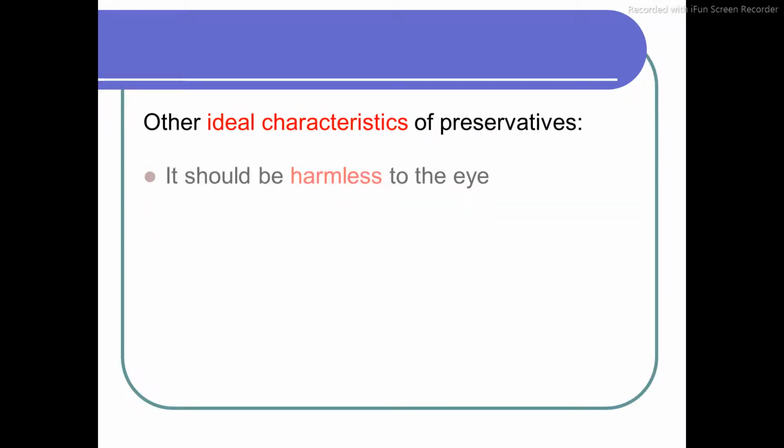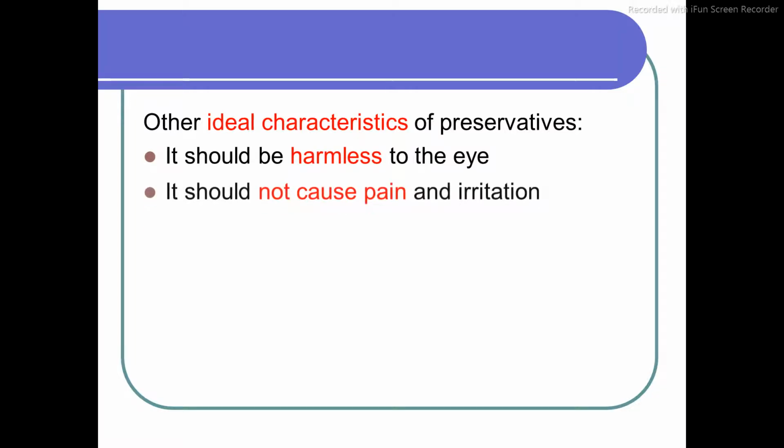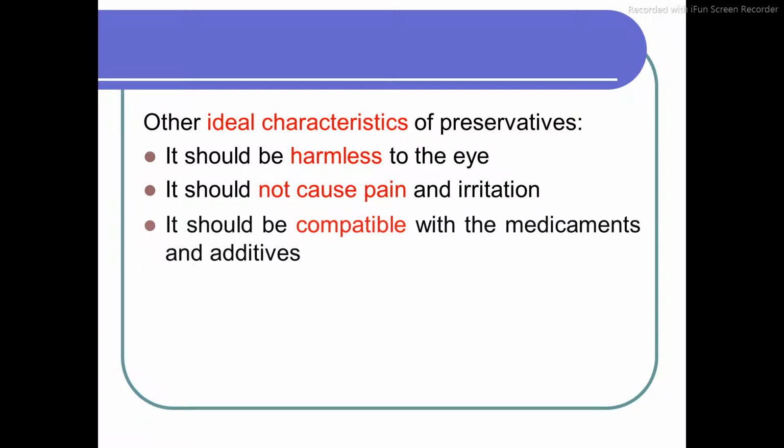What are the ideal characteristics of a preservative? It must be harmless to your eyes. It should not give any toxic effect in your cornea, or cause any severe irritation, pain or irritation in your eyes. It should be compatible with the medicament and additives. Compatible means it must not have any chemical reaction with the medicaments or your drug.